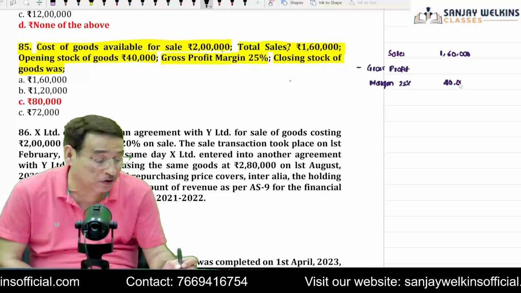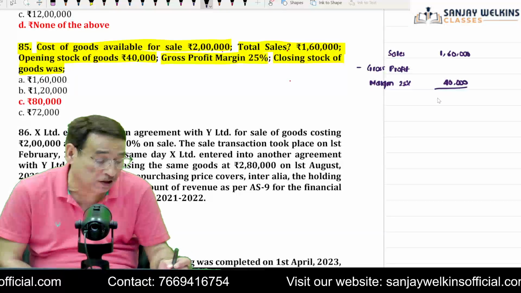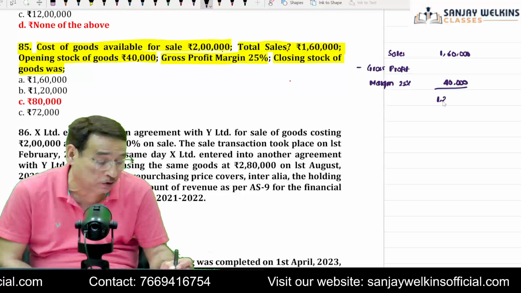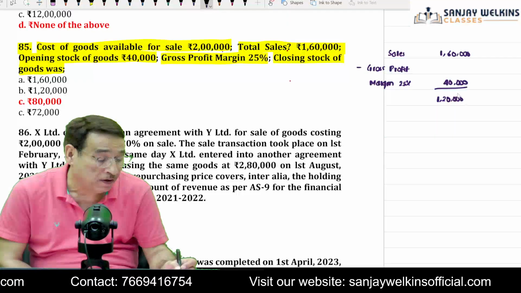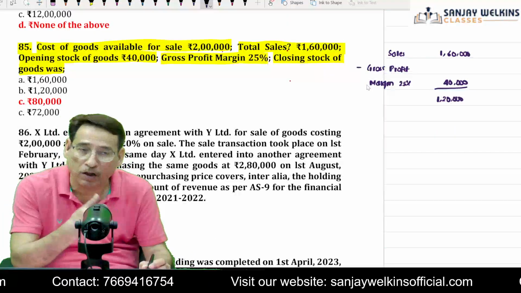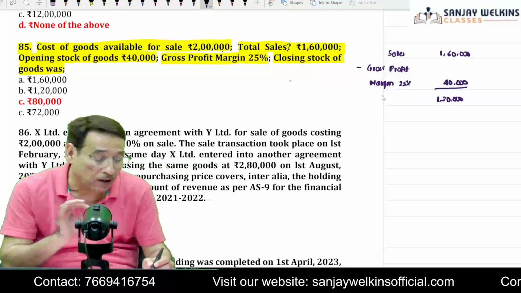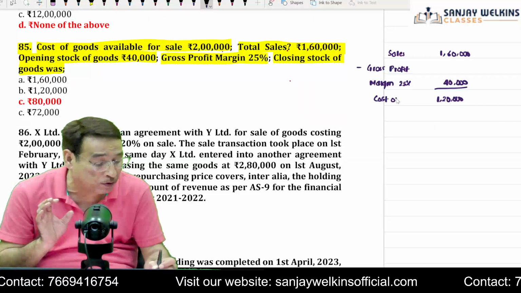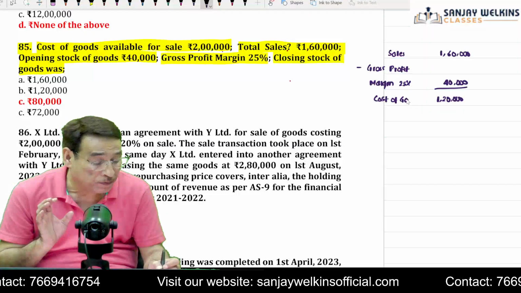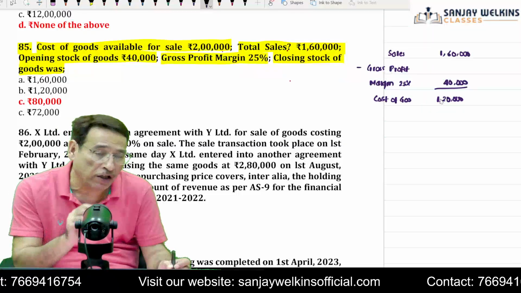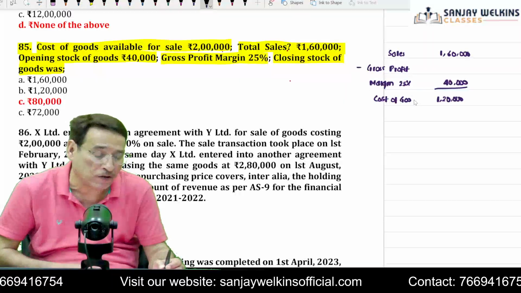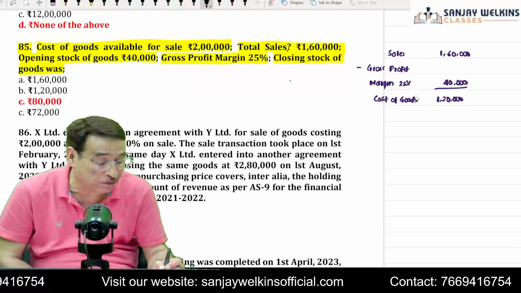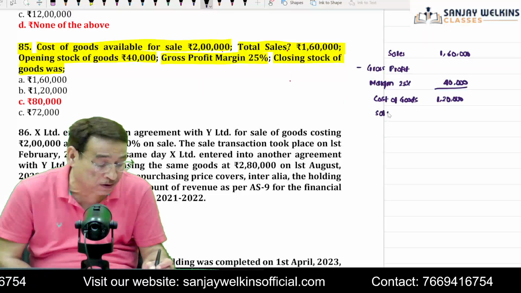If you subtract gross profit margin from total sales, you actually get 1,20,000. That means whatever goods you sold, the cost of those goods, this is cost of goods sold. You sold 1,20,000 worth of goods for 1,60,000. It means cost of goods sold is 1,20,000.